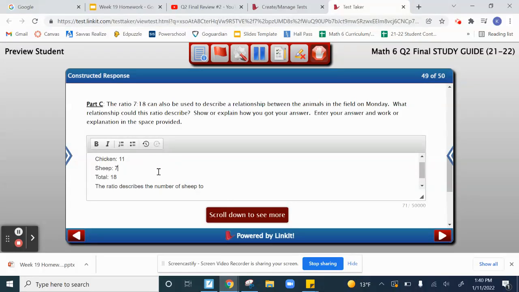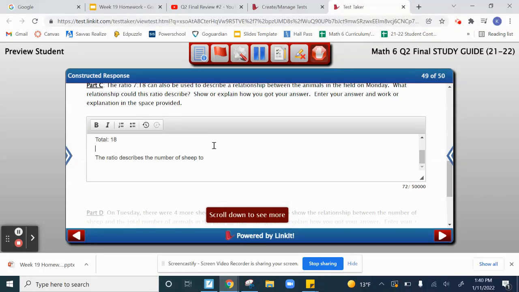So the ratio describes the number of sheep to the total number of animals. This is because the ratio of chicken to sheep is 11 to 7.